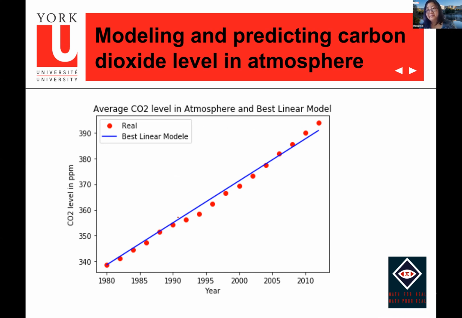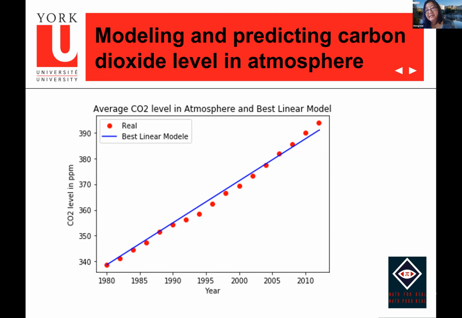Then I can find the slope of this linear trend and draw a linear curve that fits most of the data well. That means I can find the linear line that has the minimum error between all the data points.